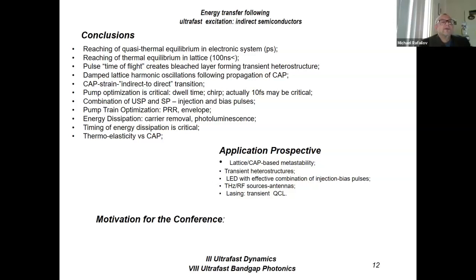The combination of ultrashort and short pulses, which we call injection and bias pulses, creates some advantage in metrology and in electronics, etc. The next step is pump train optimization, again the envelope and PRR, the pulse repetition rate.